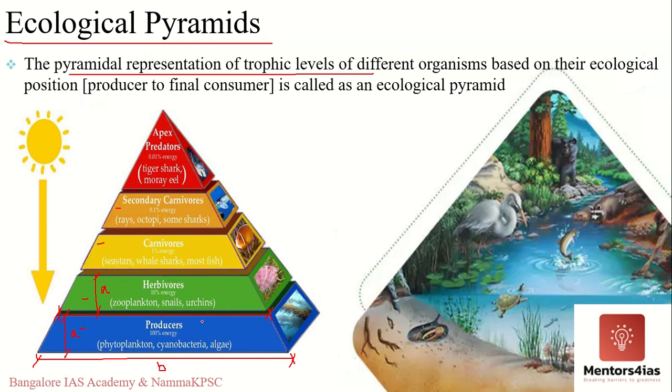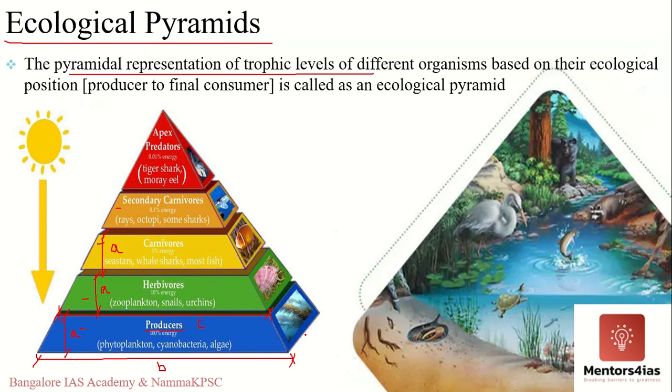Obviously the primary producers are always larger in number, because of which the lowest level usually starts with the producers, as we discussed earlier in the food chain. The second point to remember is that the ecological pyramid will always start with producers, since primary producers produce their own food.